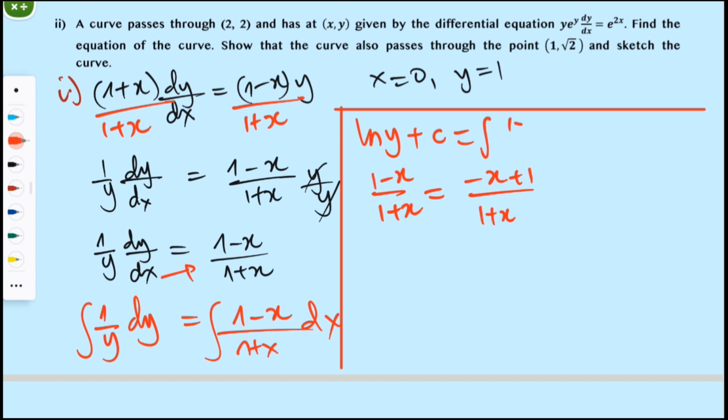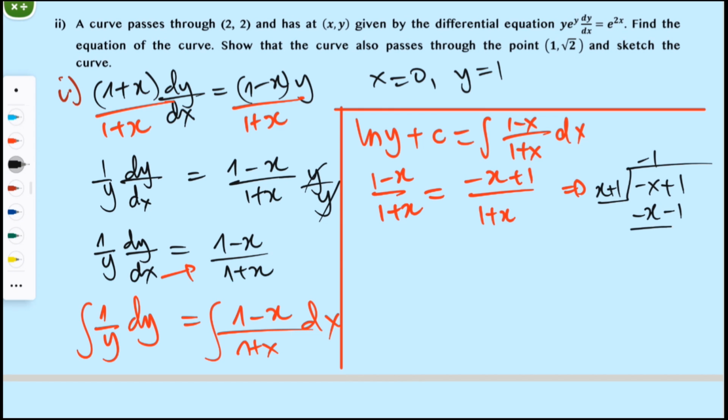Okay, let's put the integral here so that we don't forget that we have not integrated it yet. Okay, using long division, this would be negative x plus 1 divided by x plus 1. So x divided by negative x is negative 1. Then we have negative x minus 1, and then we subtract to get a 0.